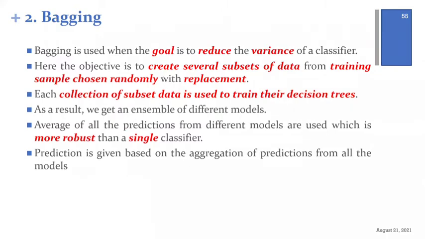Bagging is used when the goal is to reduce the variance of a classifier. When you want to reduce the variance of a classifier, the objective is to create several subsets of data from training samples chosen randomly with replacement. Each subset of data is used to train a decision tree or any other algorithm that you decide to use.